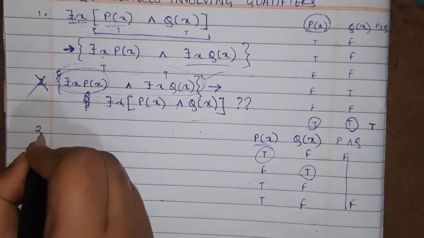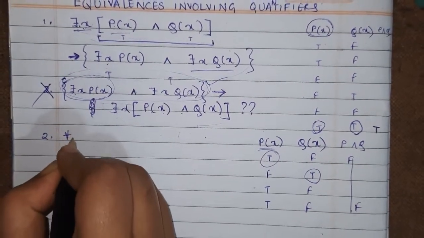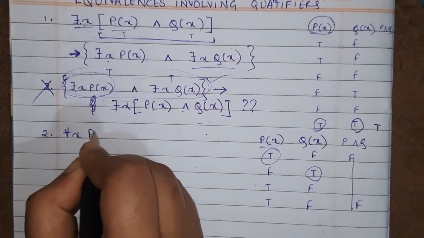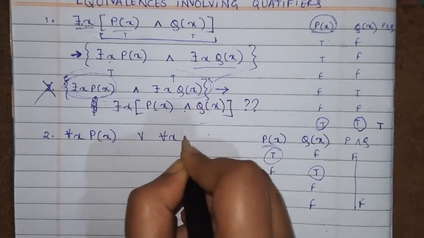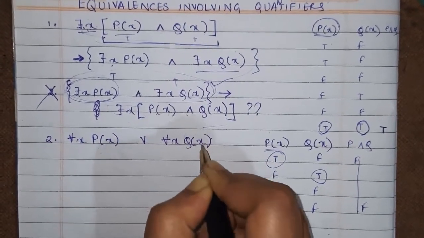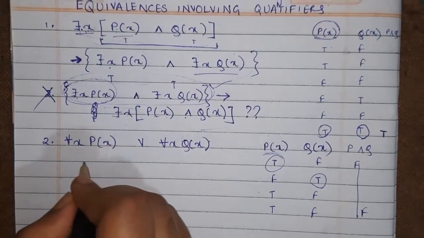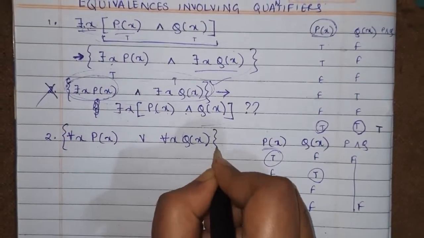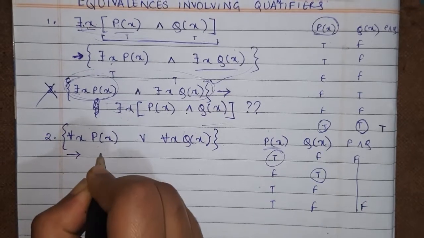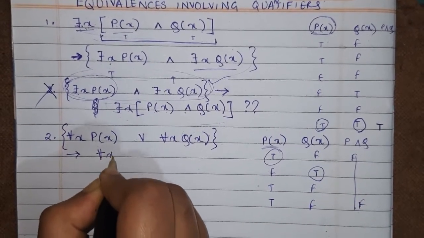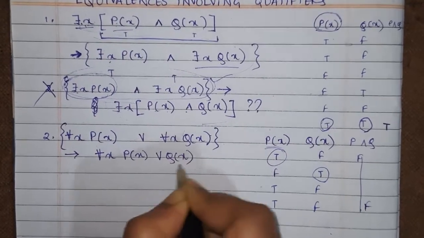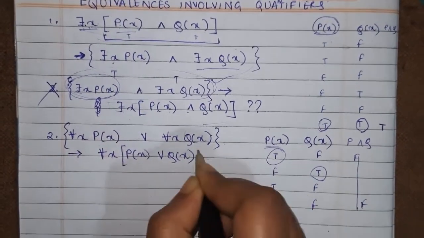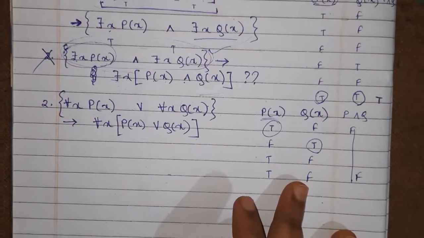Next we shall see similarly, for all x p of x or for all x q of x. Does this whole thing imply for all x p of x or q of x? Is this true? We shall see.